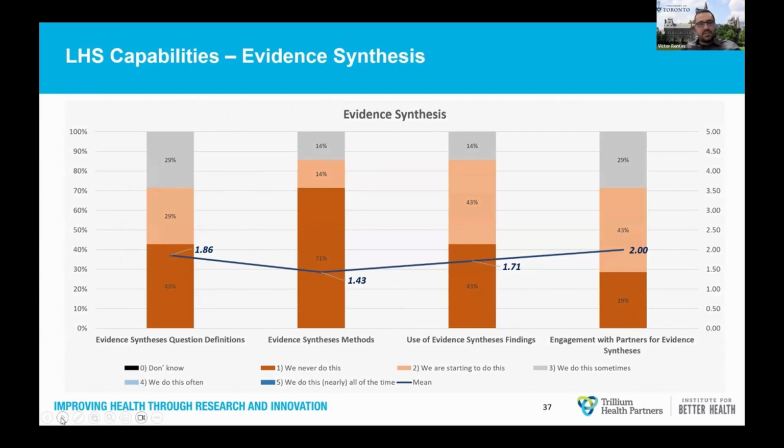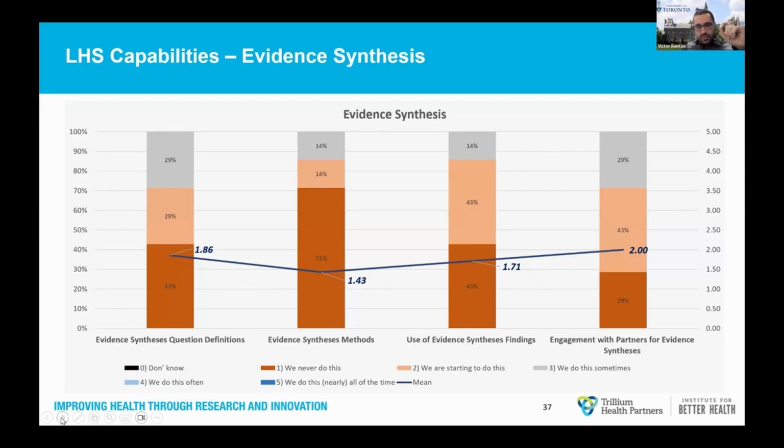Again, in this gear, we drilled down the evidence synthesis into the specific activities that we've mapped. So the first one is about defining specific questions that will guide your evidence synthesis and that are aligned with your quality improvement objectives and that are well defined.